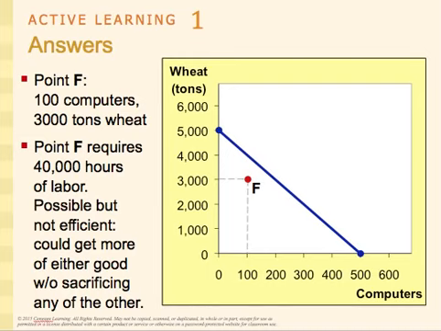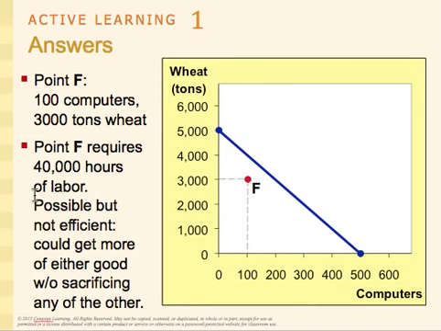So, looking at point F, you can produce 100 computers and 3,000 tons of wheat. But at point F, you require 40,000 hours of labor. So that's not efficient. You're inside your production possibilities frontier.